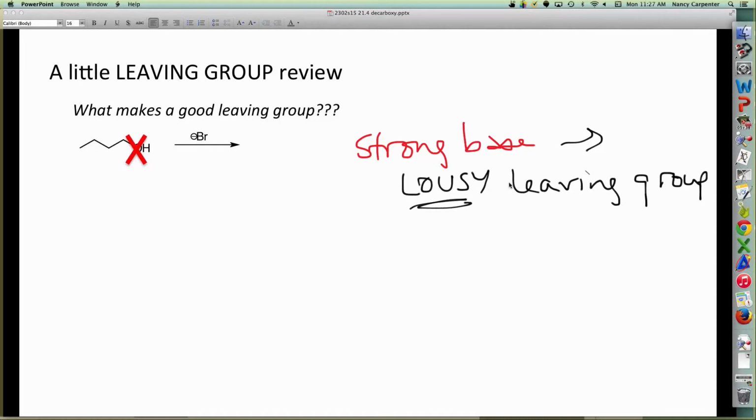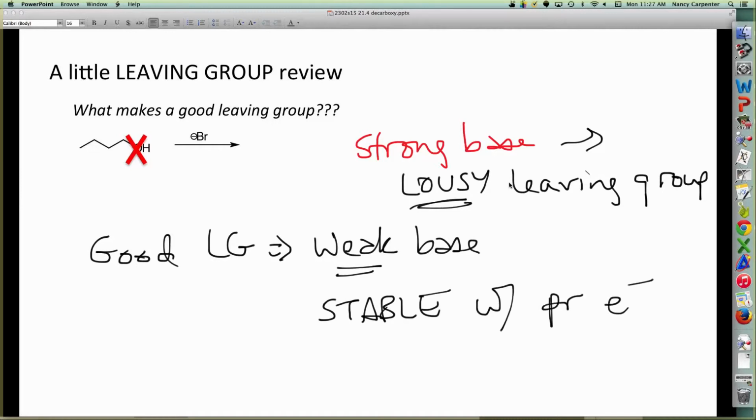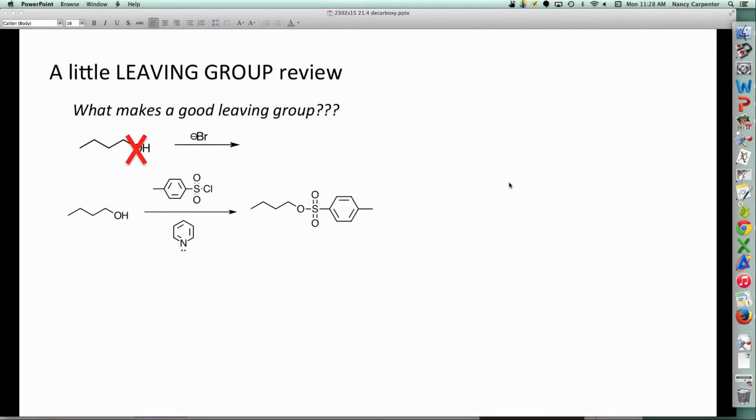So a good leaving group is a weak base, which means it's stable with that extra pair of electrons. So for example, if I really do want to kick out that hydroxyl group in some way, break that carbon-oxygen bond, I'm going to have to convert that oxygen into something that allows it to be a good leaving group, a weak base.